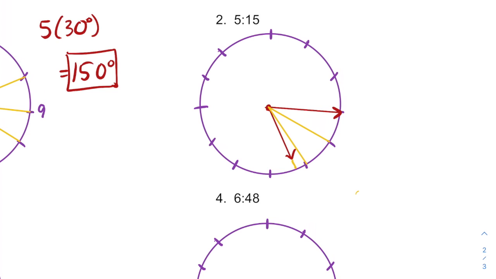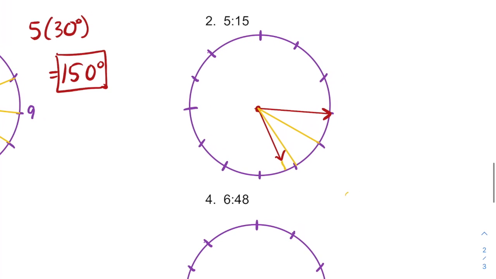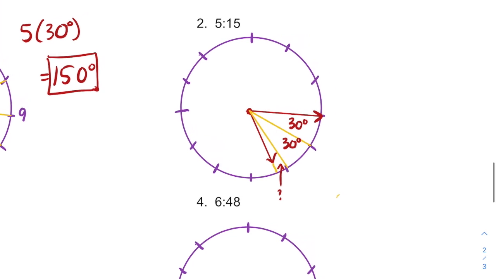So I have 3 pieces that I need to figure out here. I have one 30-degree piece, another 30-degree piece, and then I need to figure out how many degrees this angle is, and we'll add that on. So what we've said is that for every minute that ticks by, this hand is moving 1/2 of a degree.